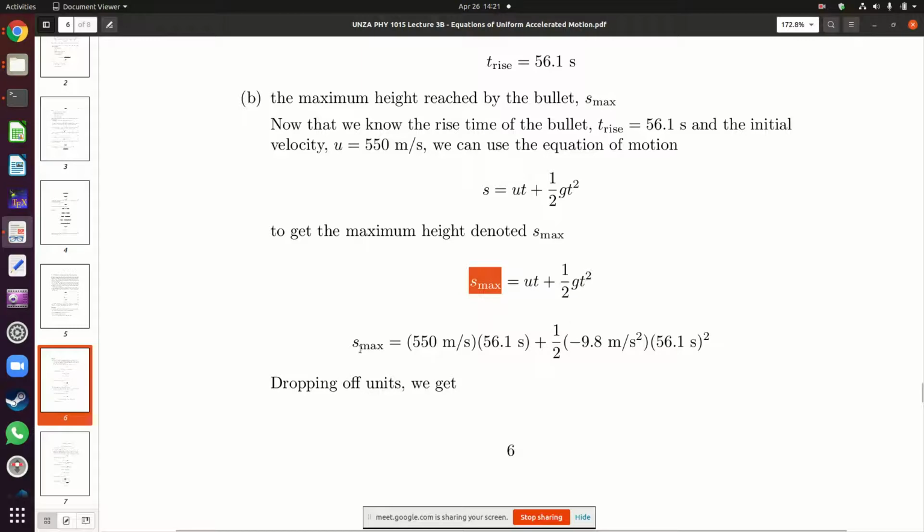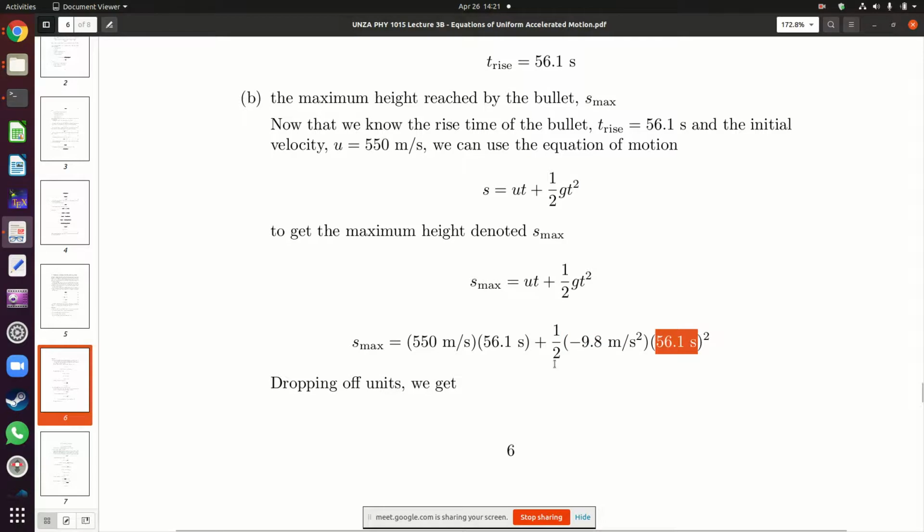If you substitute here, for the u, the velocity with which the bullet comes out of the gun, that is 550 meters per second. Then the t, which is the t rise, which is 56.1 seconds, plus the half, multiplied by the g, which is minus 9.8 meters per second squared, then multiplied by the t squared, which is 56.1 squared.